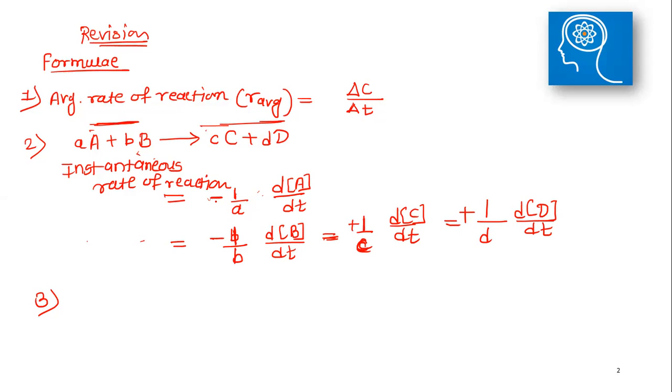Because of disappearance of A, and here is a positive sign because of formation of C and D. Now rate of disappearance of A: if we want to find it, minus d by dt of concentration of A, then rate of disappearance of B is minus d by dt of concentration of B, and rate of formation of C is plus d by dt of concentration of C. Rate of formation of D is plus d by dt of concentration of D.